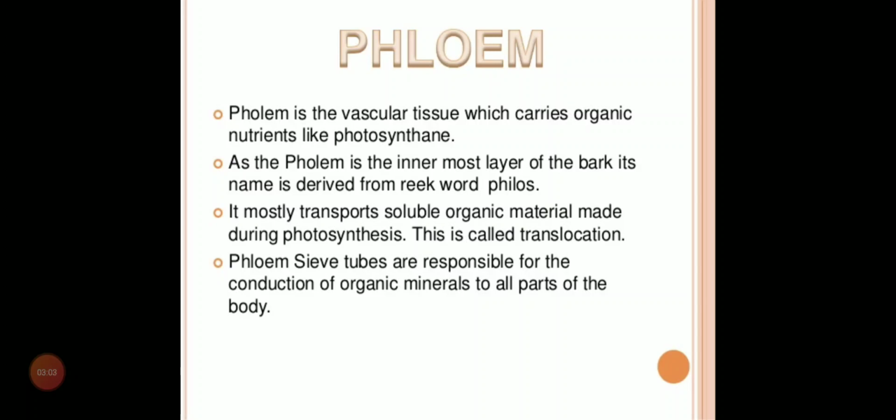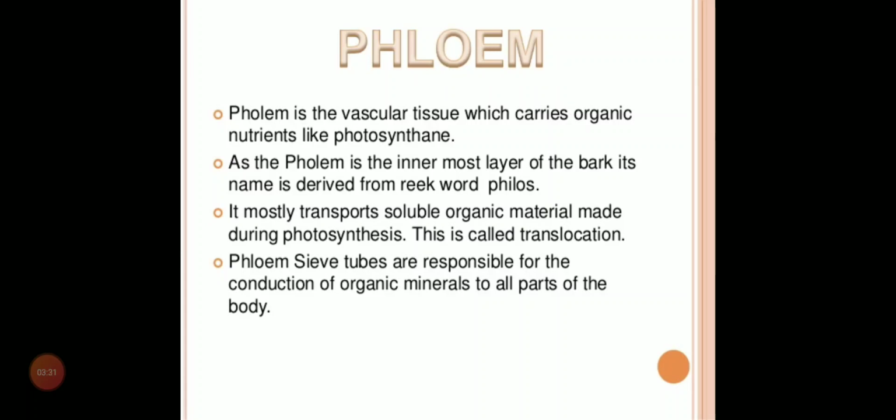We all know that the organic material formed during photosynthesis is glucose, and here a term comes in: translocation, which specifically describes the transportation of food materials. Whenever transportation of food material is taking place, I can use the term translocation, but I cannot use it for the transportation of other things like water or only minerals.